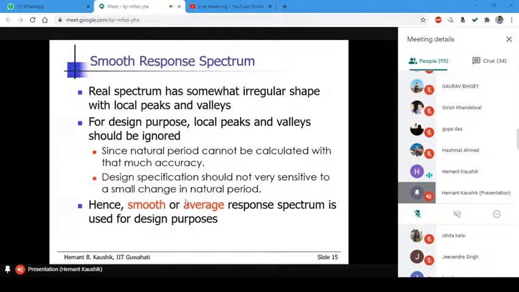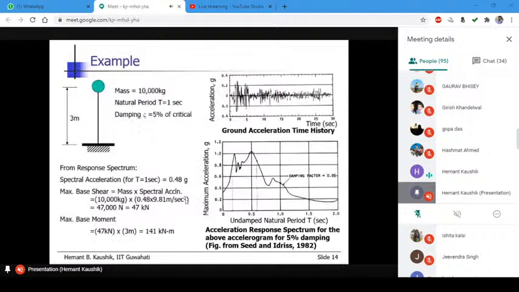Now, the reason why we ignore is that if you consider this response spectrum, let us say the natural period of vibration of the structure is about 0.25, maybe 0.22 seconds. So in that case, which value of acceleration will you consider?